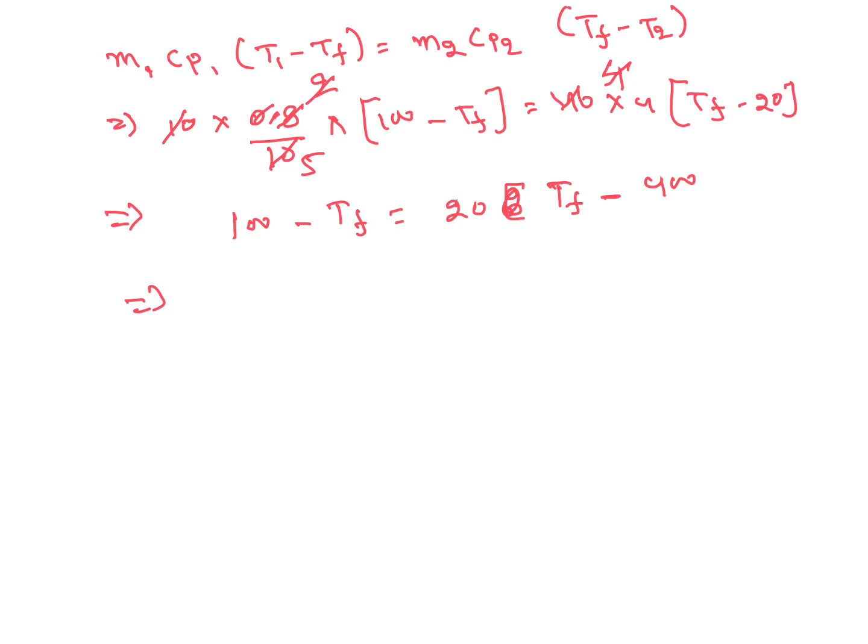So 21 Tf is 500. So final temperature Tf is 500 divided by 21.